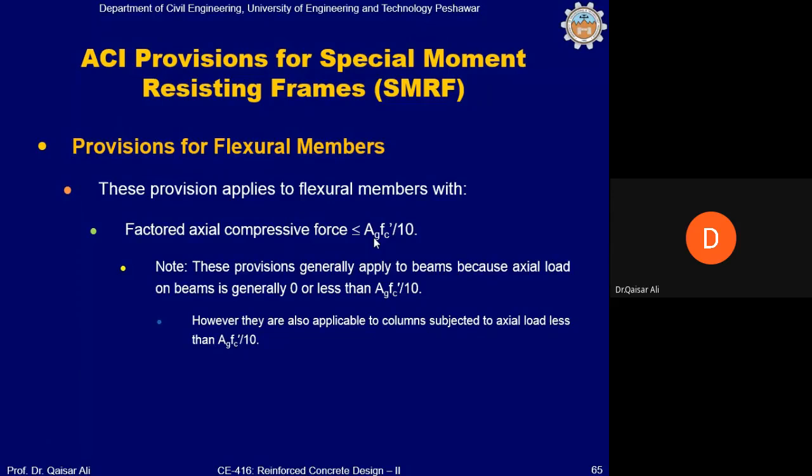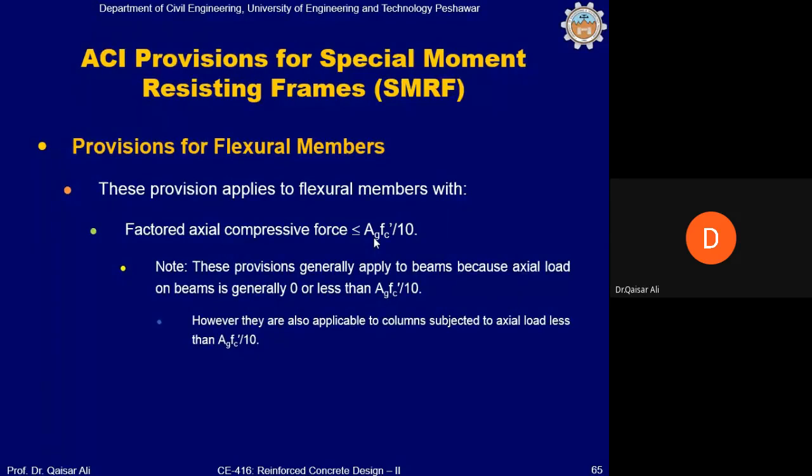However, if the compressive force is very, very small, as is usually the case in beams, then these provisions will apply to those members. For this reason, most of the time these provisions will apply to beams.